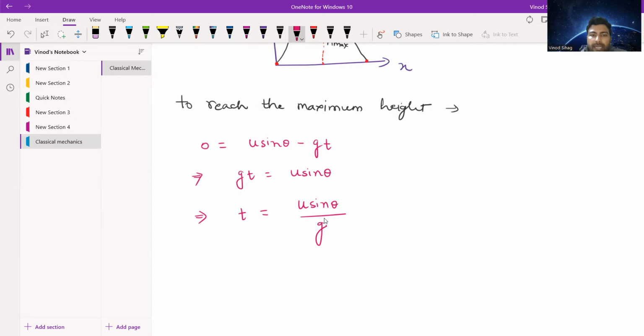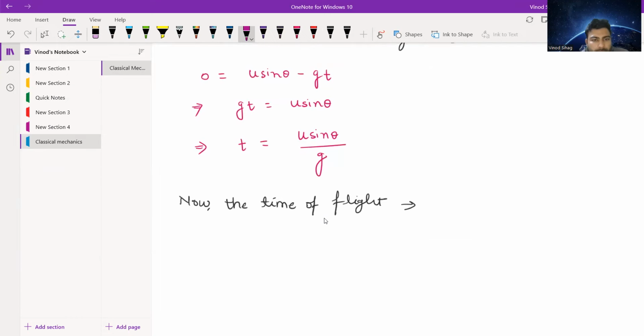Now the total time of flight. The time of flight will be 2 times t, because t is the time taken by the particle to achieve the maximum height, and from that maximum height it goes to the ground in the same time.